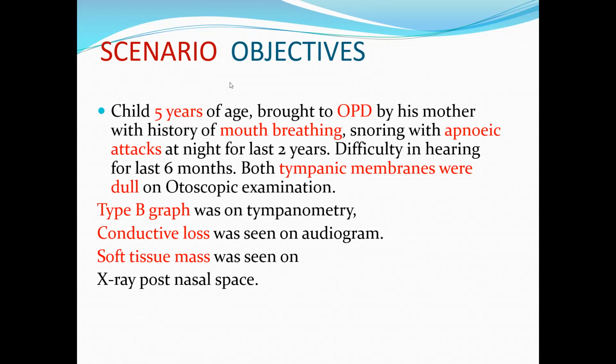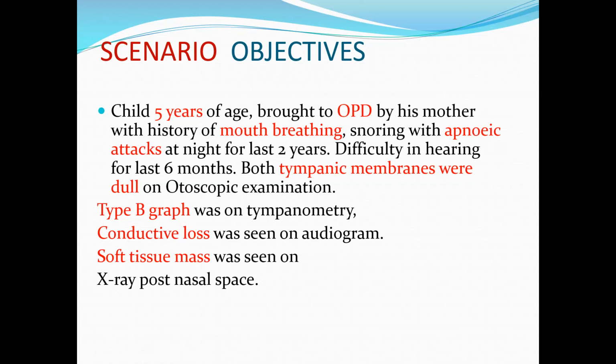There will be associated clinical features of the diseases that cause eustachian tube obstruction. The most common cause is adenoids, so there will be mouth breathing and apneic attacks during sleep. The most important symptom will be hearing loss. That will not be acute; it is chronic hearing loss.